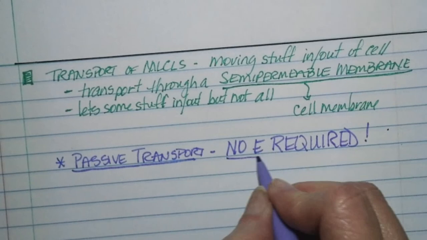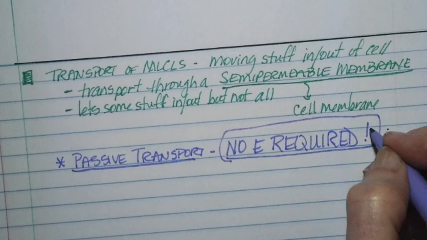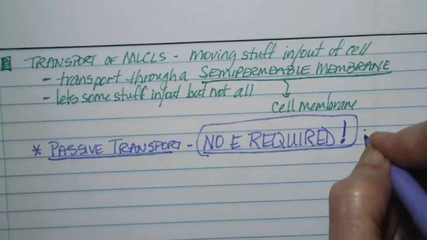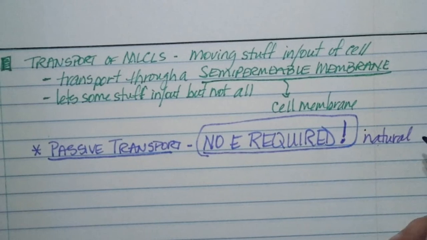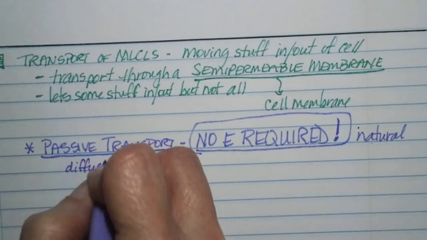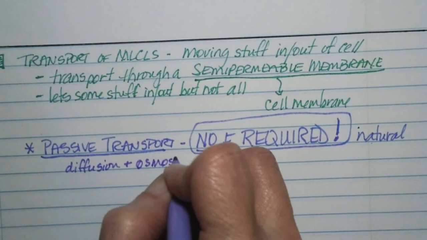That's the key there, no energy required. This is natural diffusion. All of these things are natural, but when I say natural, sometimes I just think it just happens. Natural diffusion and osmosis. This occurs or goes with the concentration gradient.